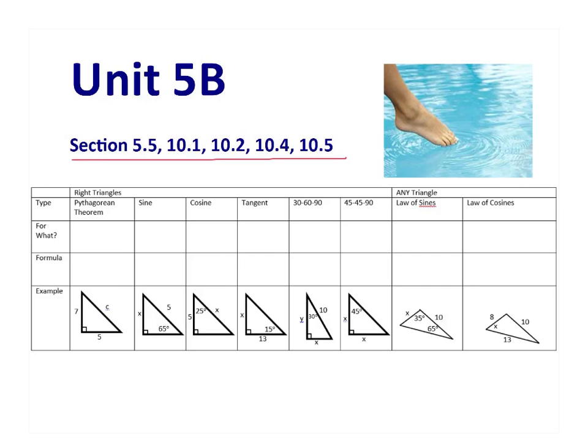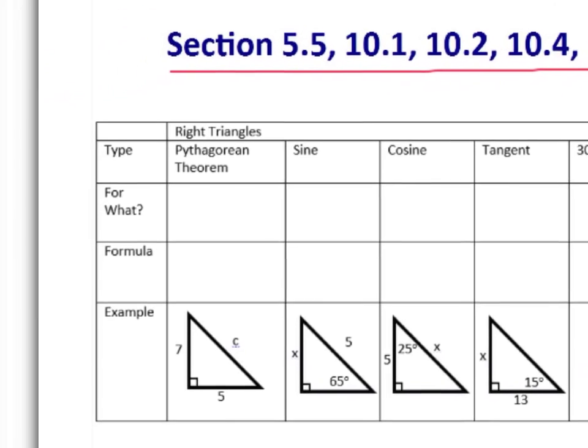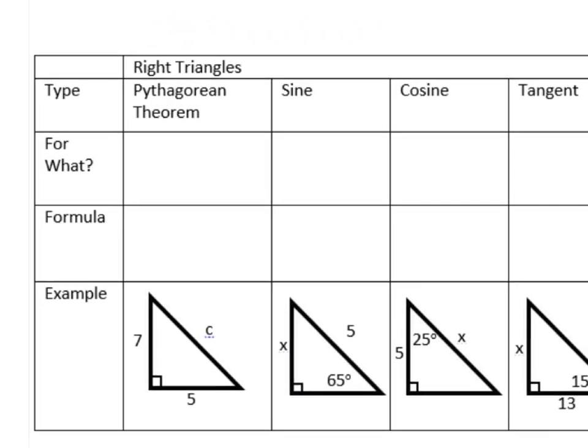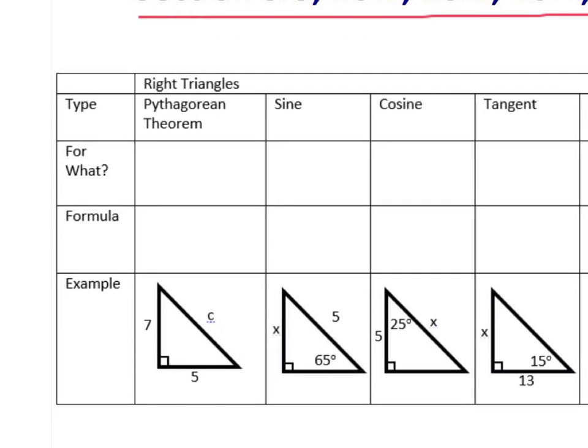So I wanted to start out this video with an overview of everything that our unit was about. We actually did this in class, but I wanted to just reiterate exactly what we are doing in this unit. So the first thing is that we have the Pythagorean theorem. And this is what we use to find the missing side of a right triangle.